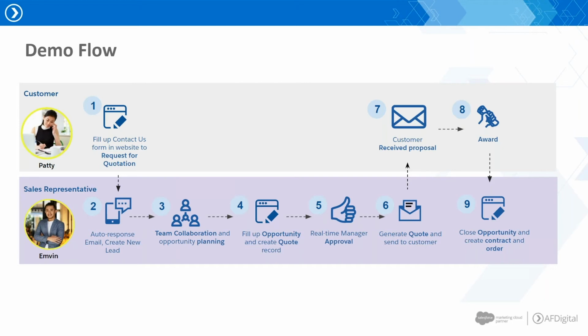Once after submitting the form, the lead record will be created in Salesforce. An auto response email will be received by Patty. Then the new lead record will be assigned into a queue, which is the nearest to the location that Patty entered from her form.